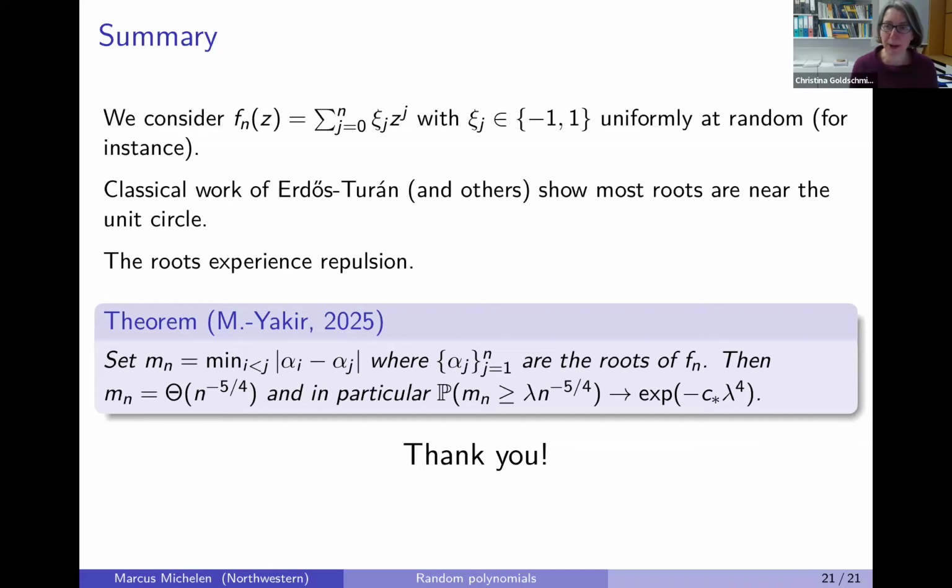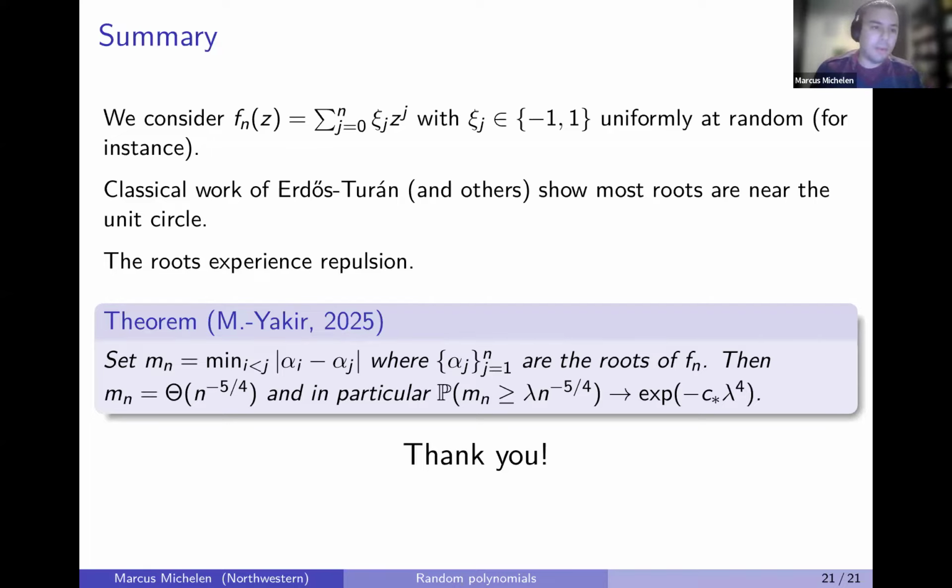Any further questions from anyone? Yes, can you hear me? Yes. At the beginning, you talked about the number of real zeros. Do we also know something about their location on the real line, their distribution? Yes. They're going to be not too far away from one and negative one, which behave sort of the same.